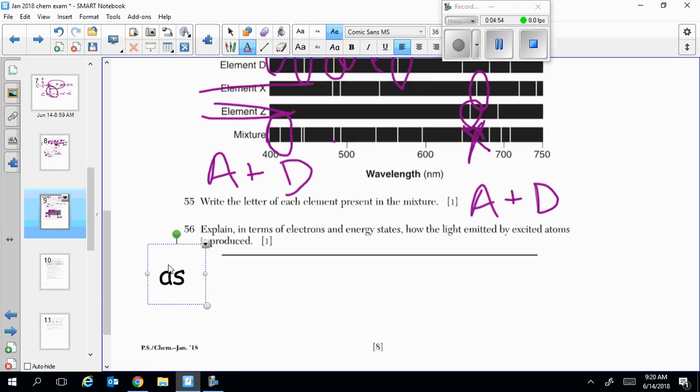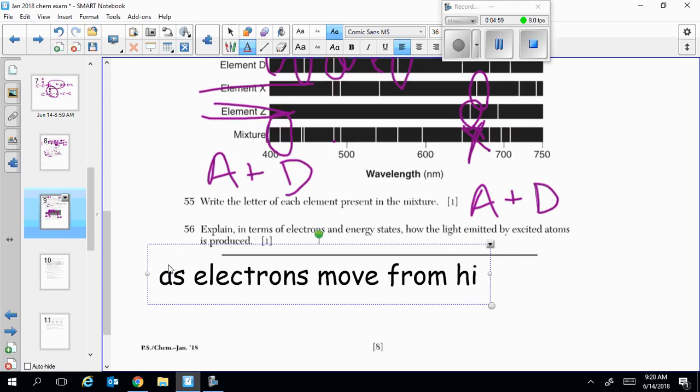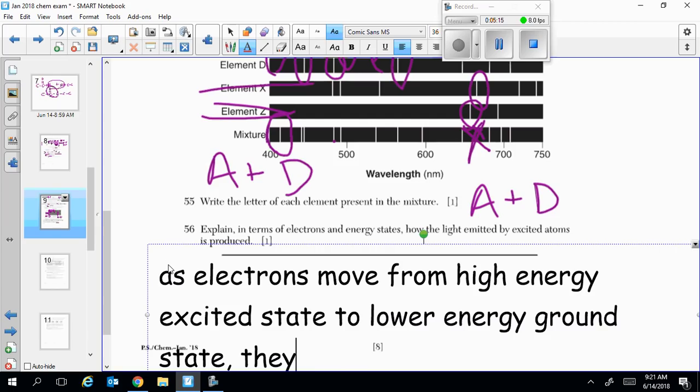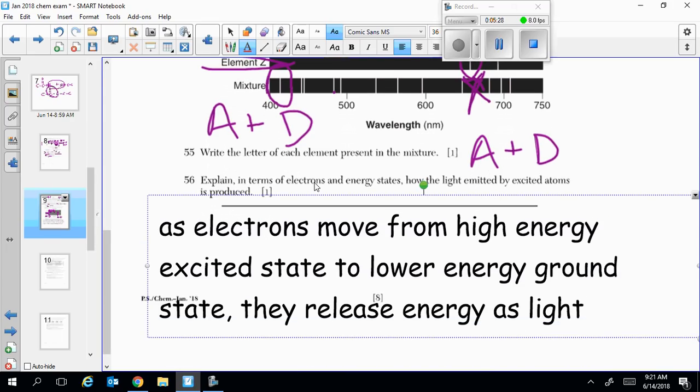So, as electrons move from high energy excited state, so that's when they're out farther away from the nucleus, to lower energy, ground state, they release energy as light. So I use light because they use light in theirs, and I made sure that I talked about electrons, and I made sure I talked about energy states.